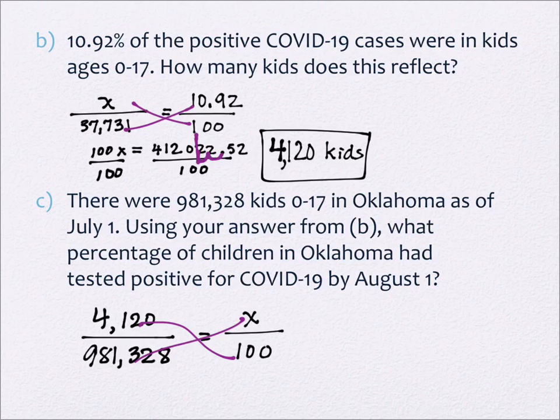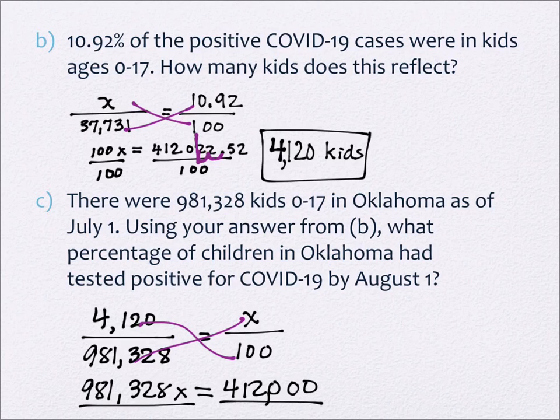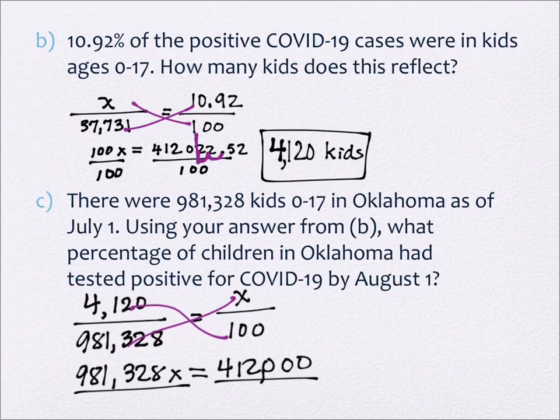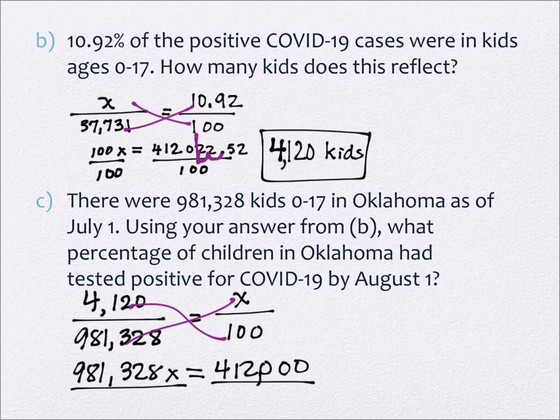And we'll cross multiply. So again, 981,328x equals 4120, a couple more zeros, and we'll divide by the 981,328.